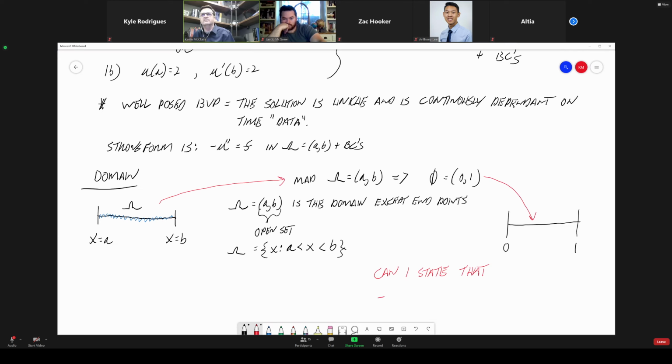Can I state that minus u double prime equals f is true in phi? Can I assume that is true in this other domain?